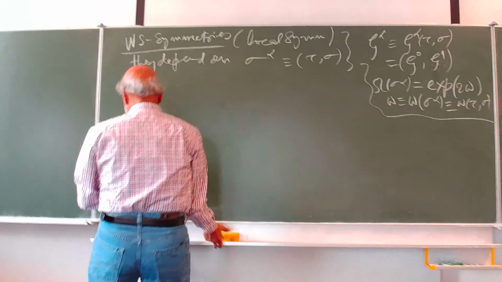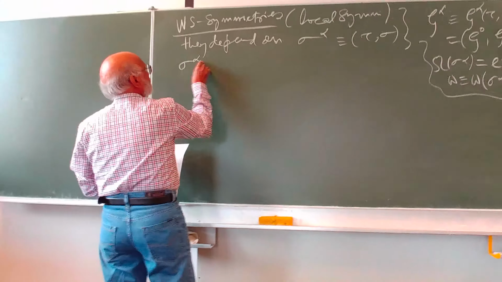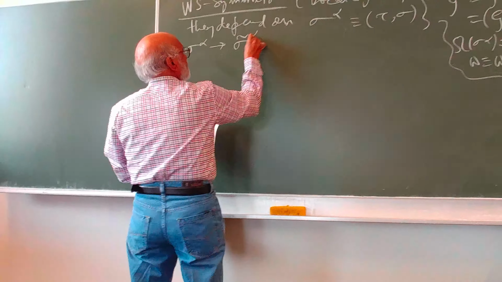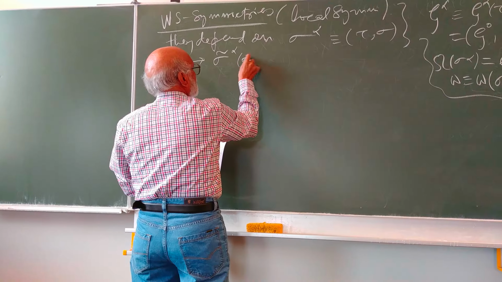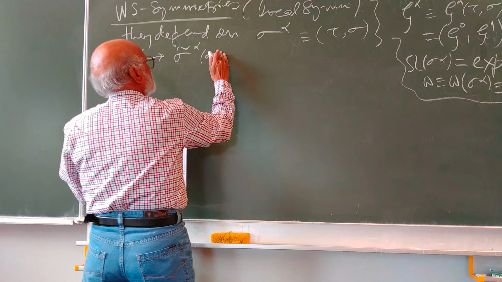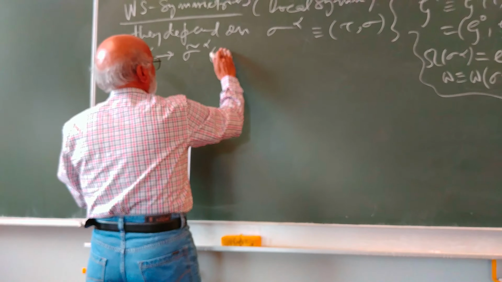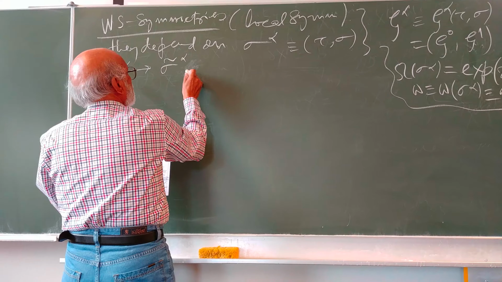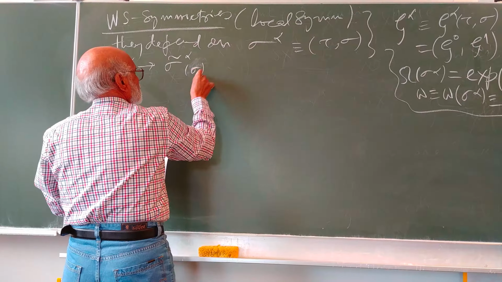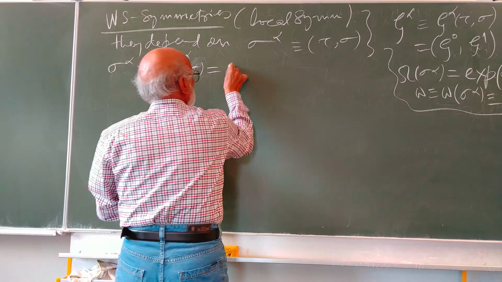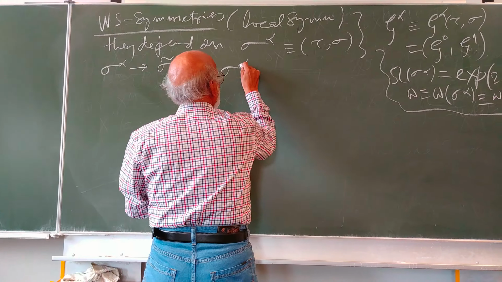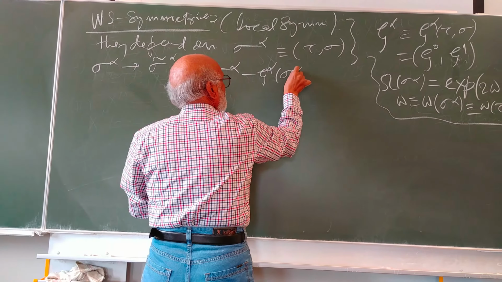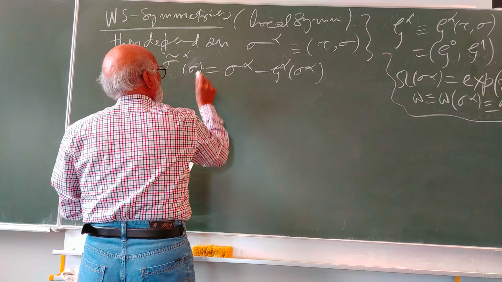Now let us have a look. So sigma alpha goes to sigma tilde alpha, which is sigma alpha minus zeta alpha.